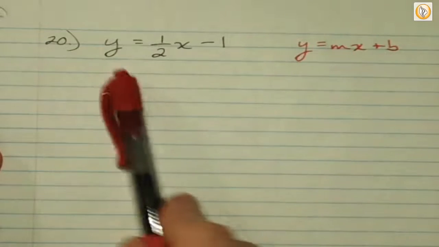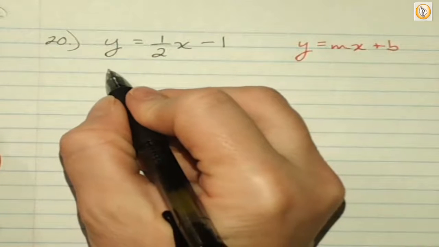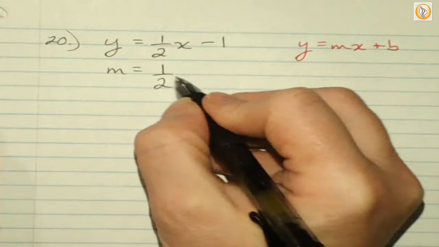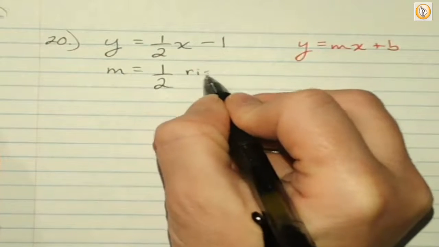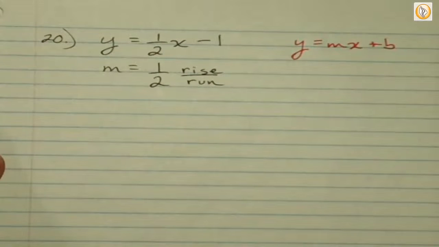Joseph, to be able to graph this line, we need to know two things. We need to know the slope. What is the slope? Slope is 1/2. 1/2, and I'm going to write rise over run next to it. This is information you need to know to be able to graph.